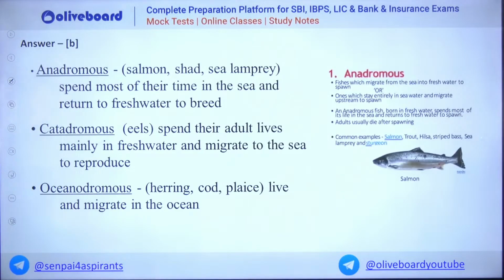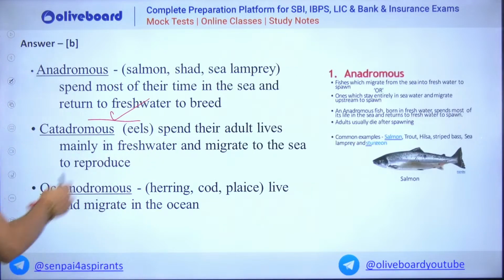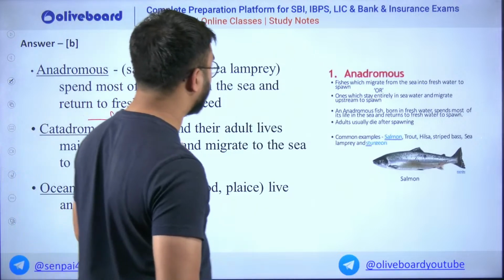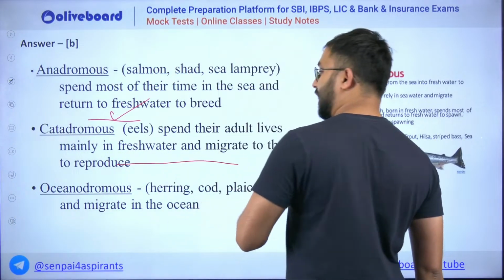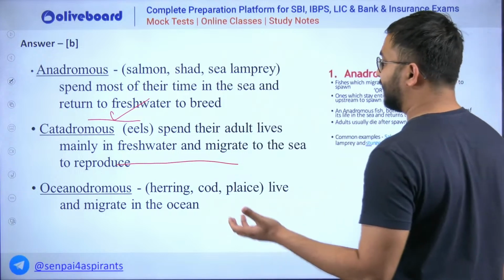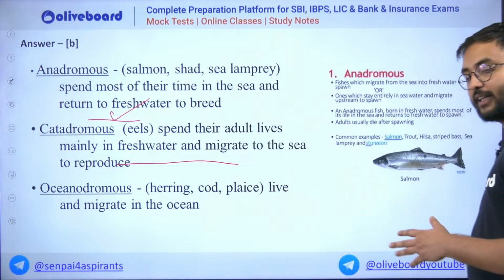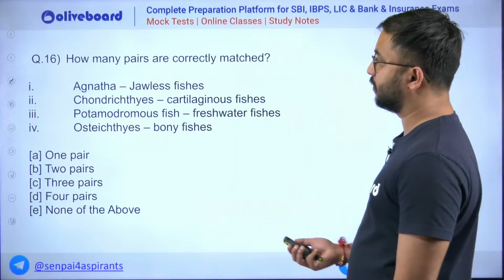The answer here is B. Actually, anadromous fishes are those which spend most of their time in sea and return to fresh water for the breeding purposes. Catadromous are exactly opposite. They spend their time in fresh water and then migrate to the sea. And oceanodromous live and migrate in ocean only. They don't come to fresh water.